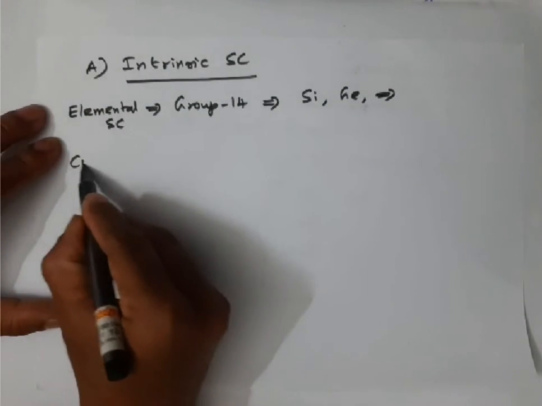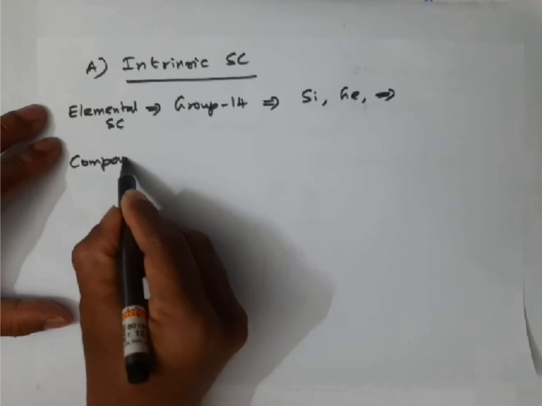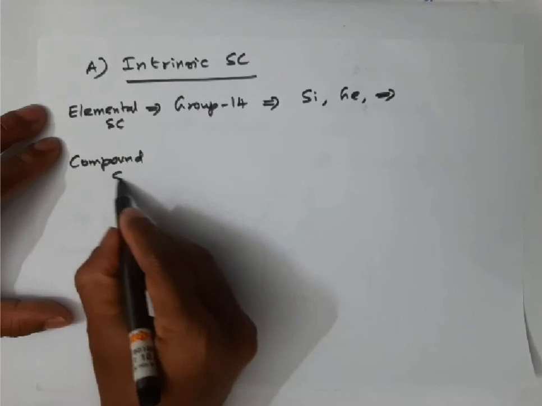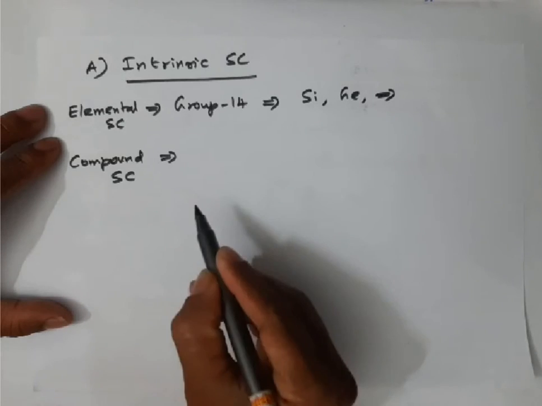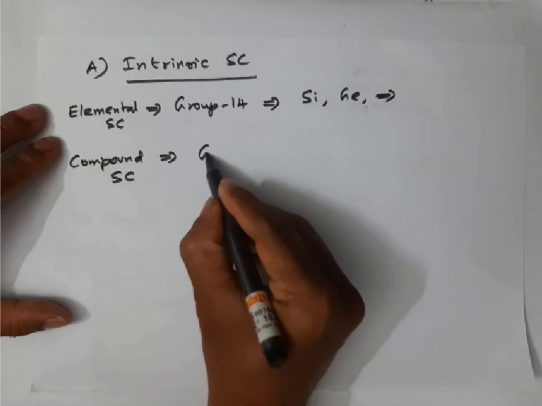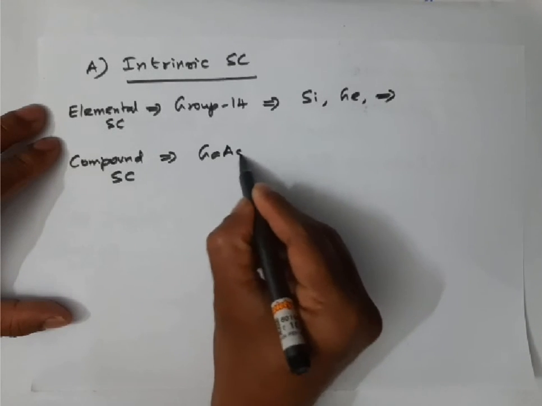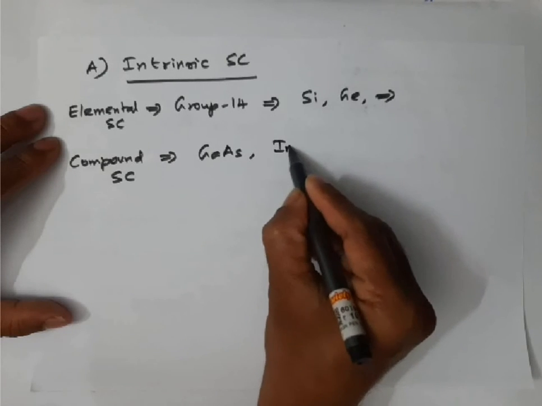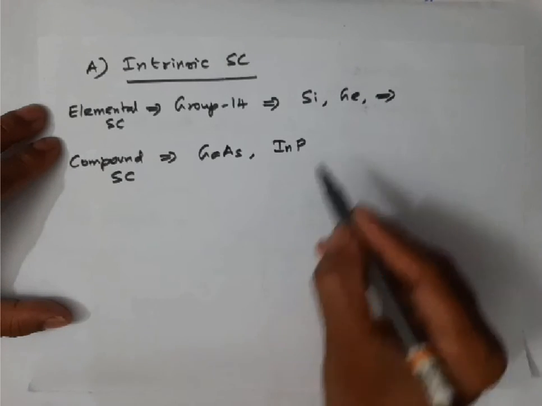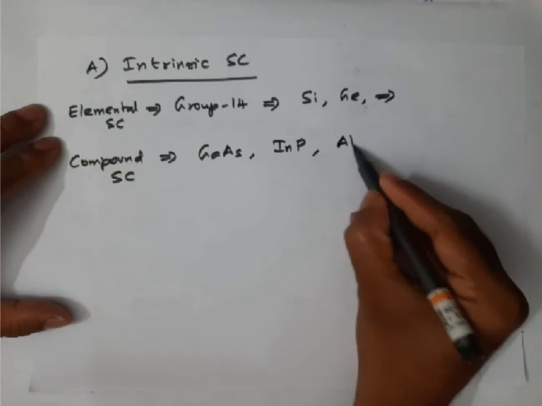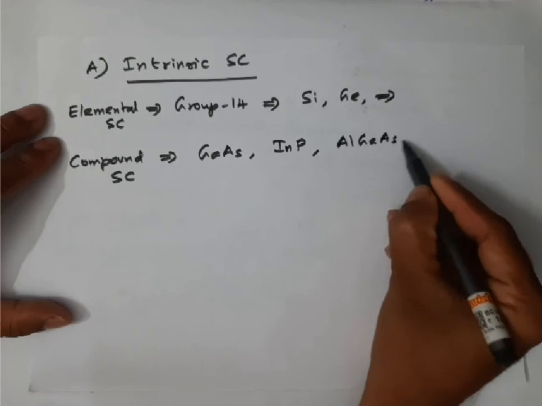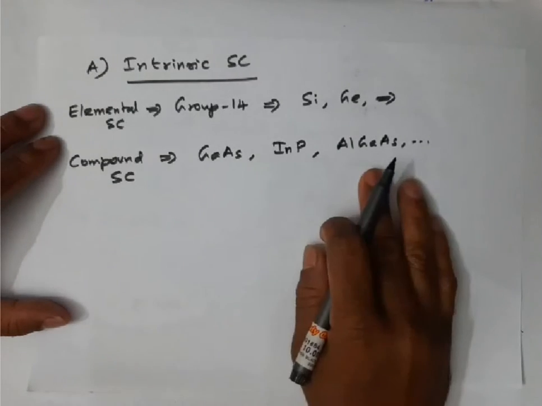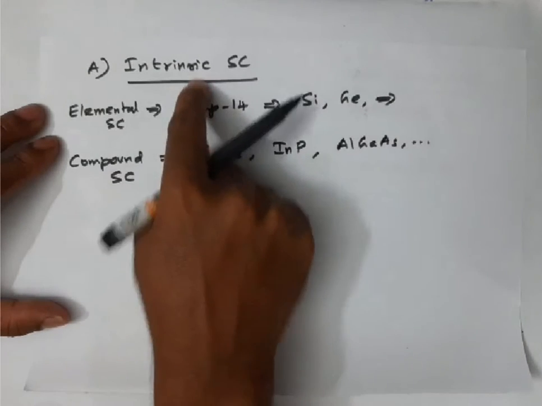We also have compound intrinsic semiconductor. Last class I gave all these things. Gallium arsenide, indium phosphide, aluminium gallium arsenide, plenty of examples are there. Compounds also can act as intrinsic.